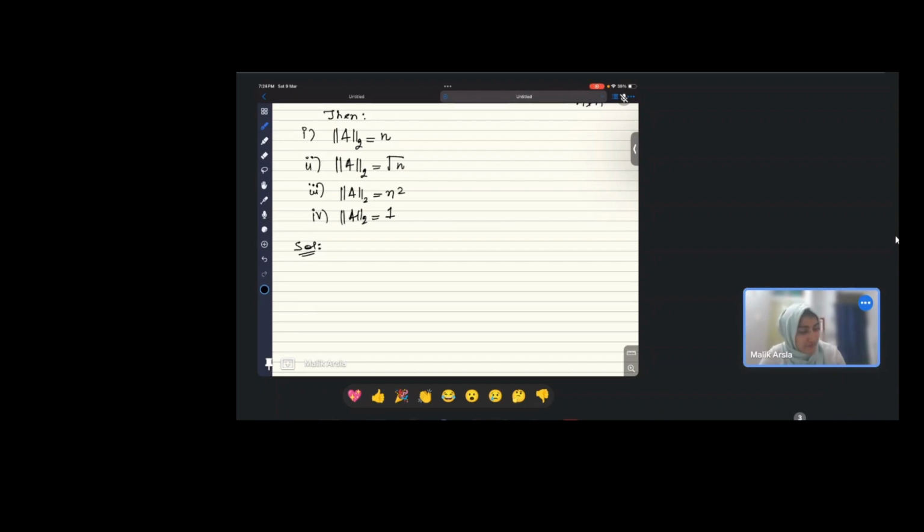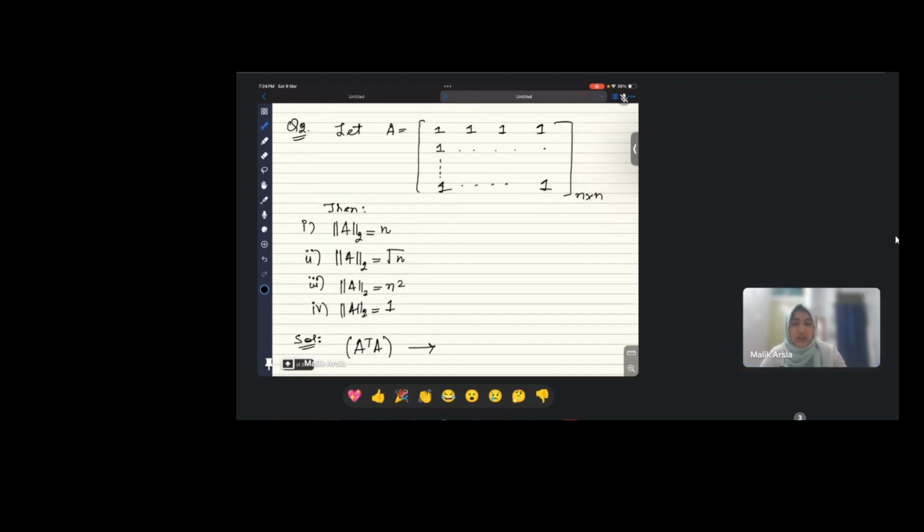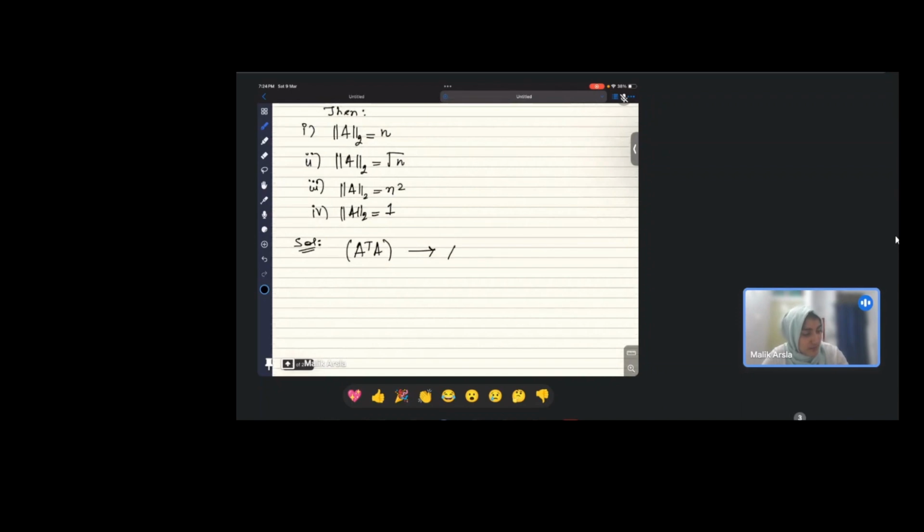So we know that for calculating the norm, we can do it like this also, that A transpose A we have to calculate first, right? And we know that A transpose A, since this is a real symmetric matrix, it will be A square, right?